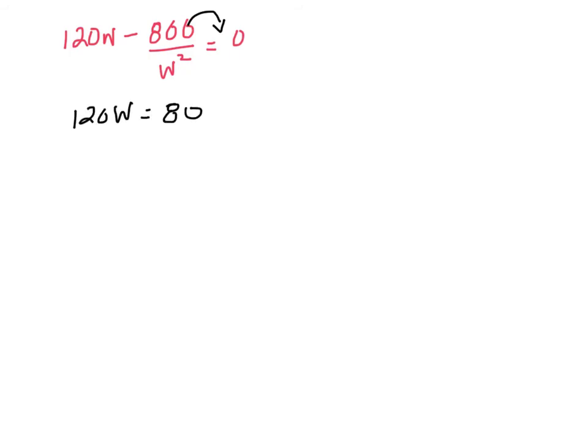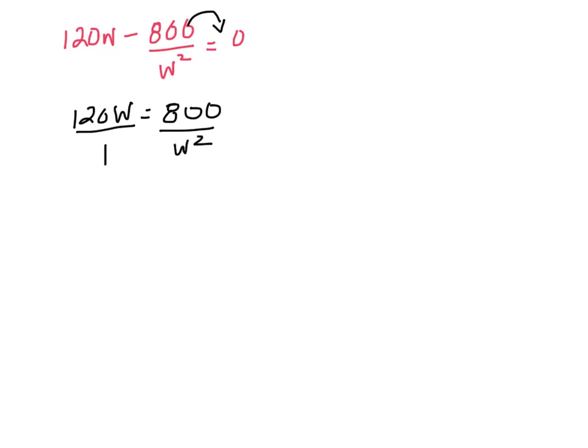So let me solve this. 120W minus 800 over W squared equals 0. Wouldn't be a bad move to maybe just move this over to the other side and have 120W equals 800 over W squared.